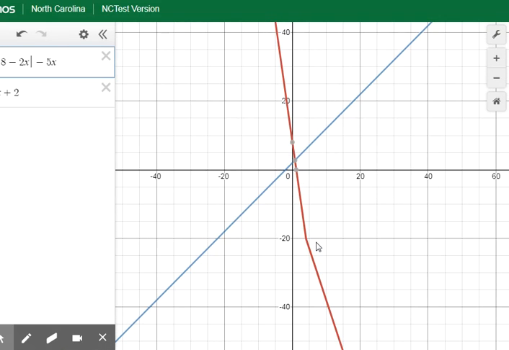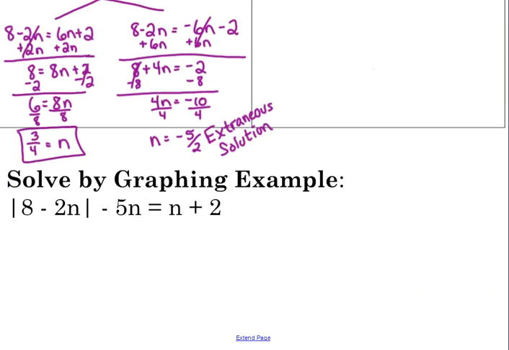It's not like we're used to them looking, but if you kind of look at this, you can see that the slope definitely changes about in this point, but it's still headed downward. It's not going to bounce back up so that it can intersect this blue line again. So there is only one solution to this problem, and the extraneous solution doesn't show up.